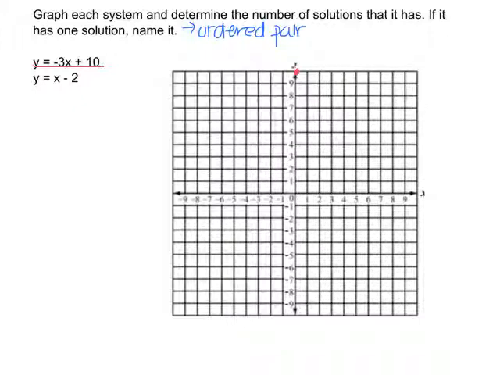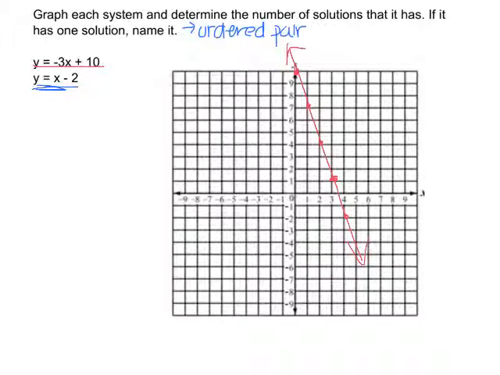And then I'm going to go down 3 over 1 because it's a negative slope. And that's plenty, and so now I'm going to draw my line. And then my next line I'm going to put in blue.